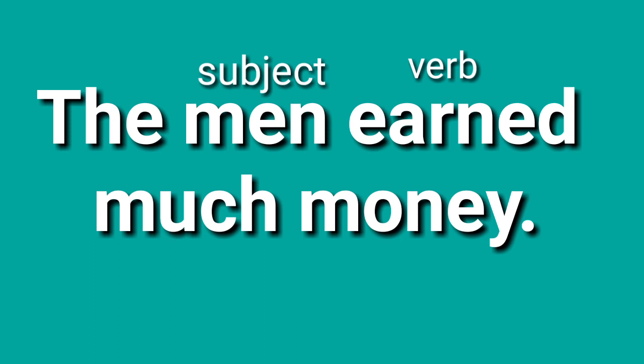What did the man earn? Much money or money. The word money here is the object or the direct object of the sentence. Based on our given examples on sentences in active voice, what do you observe?